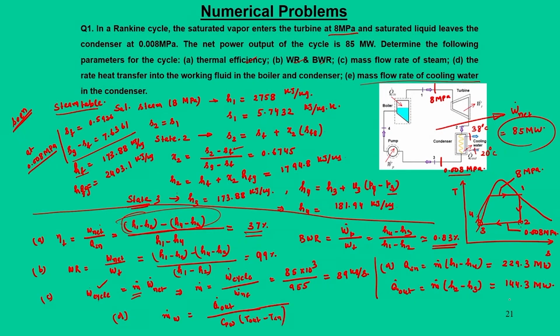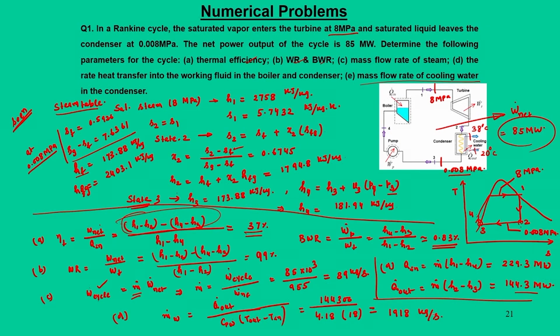So, Q dot out we have already found, and CPW is 4.18. Dividing 144,300 by CPW times delta T of 18, this answer would be 1918 kg per second.